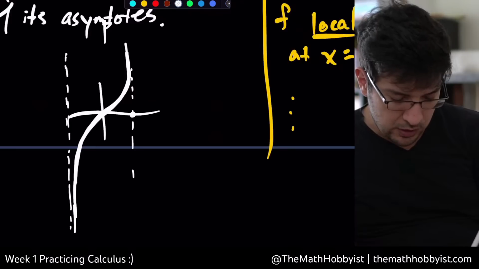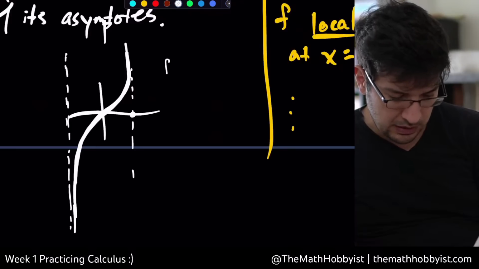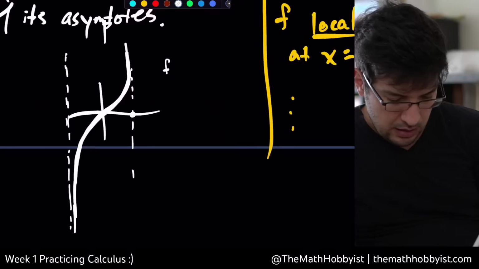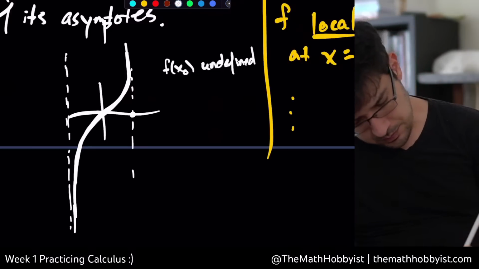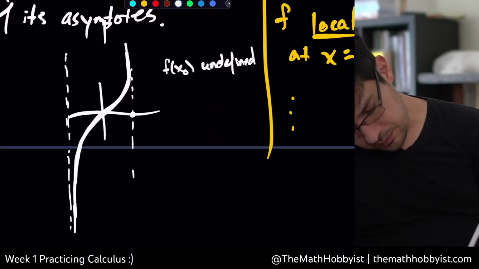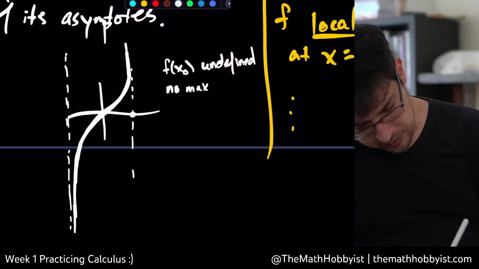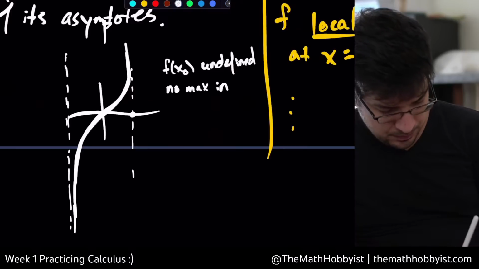Spot is a vertical asymptote. It means like f of x naught is undefined and maybe there is no maxima.